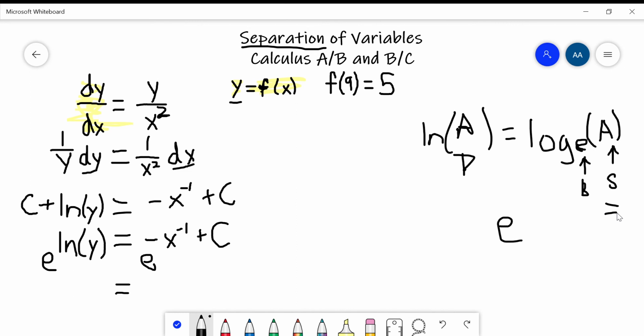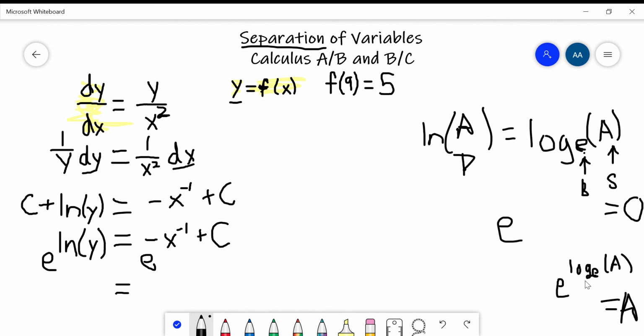What does a log equal? It equals an exponent of this base. What it's basically saying is e to the power of this value, log base e of A, is equal to the exponent which you need. So in other terms, e to the power log base e of A is equal to A.